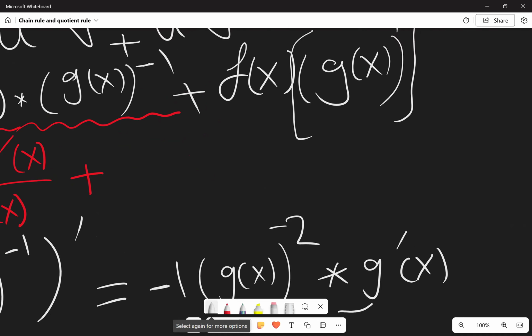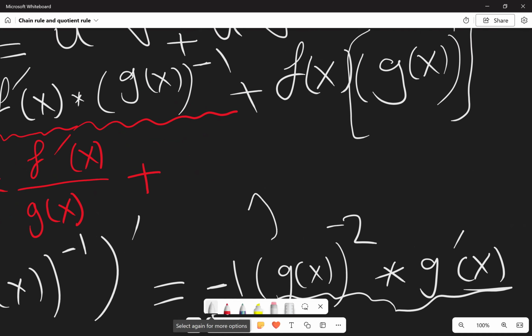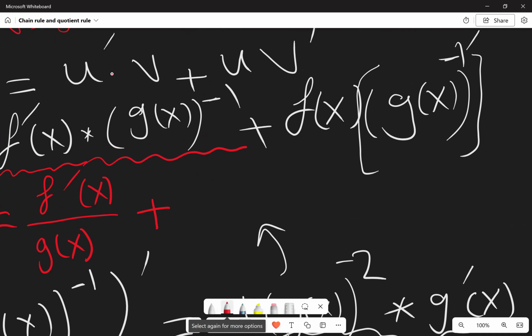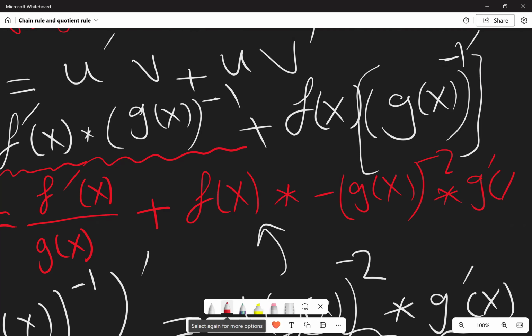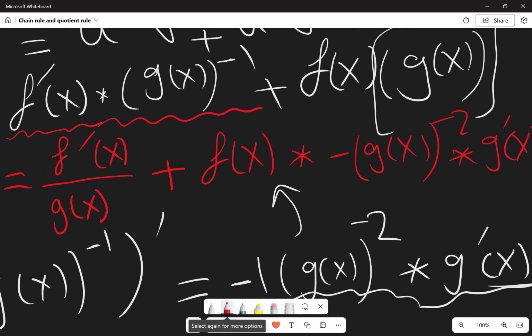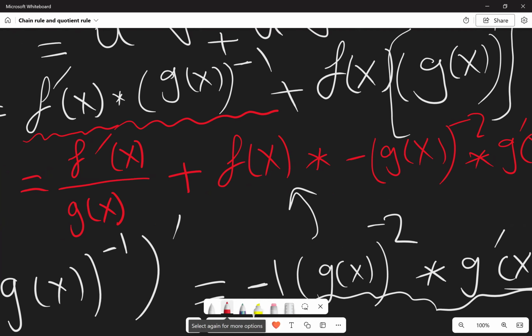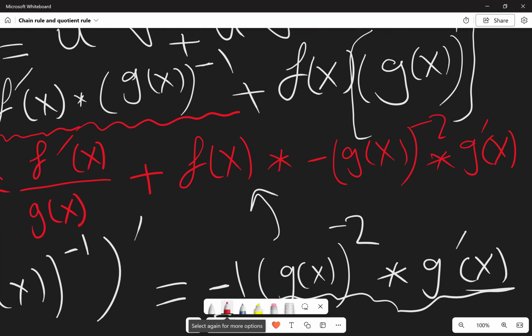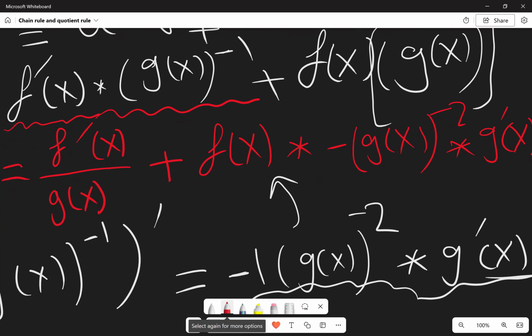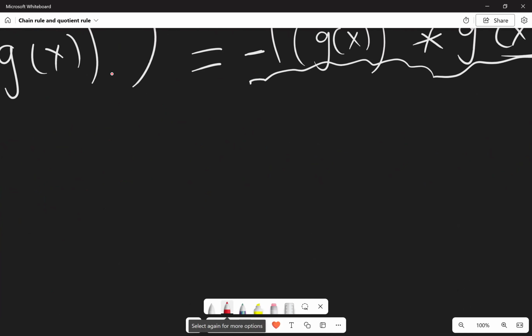So now substituting this derivative that we got here, the second term is going to be f of x times minus g of x to the power -2 times g dash of x. So let's write it here in a cleaner way.